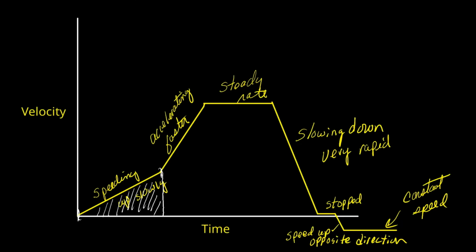Okay, the area here equals 1/2 of the base times the height. And that would give you the displacement, or how far it traveled in that direction. And you could continue doing this for any portion along this graph.